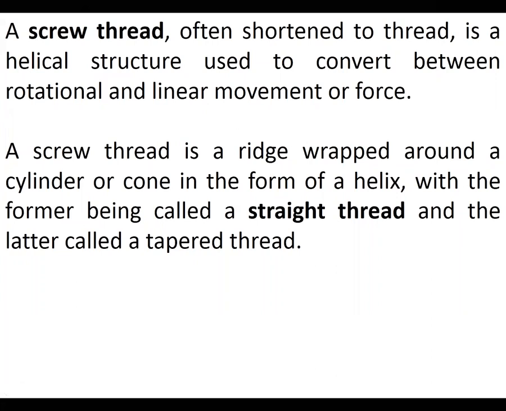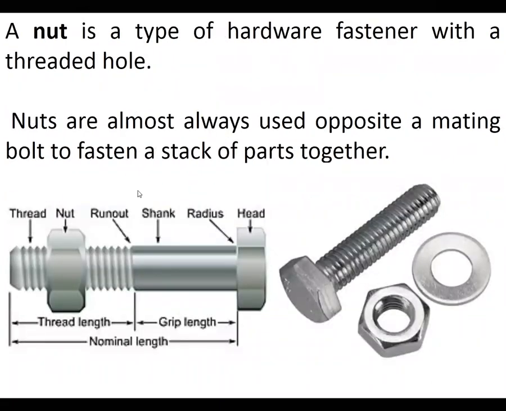The kind of screw thread length should not be so much. As much as possible, try to reduce the distance of the screw thread so that the friction can be reduced here. I show you, the distance of this, the distance of this. So as much as possible, try to reduce the distance of this so that the friction can be minimized here.